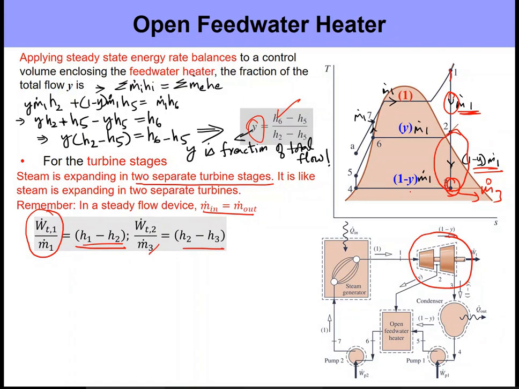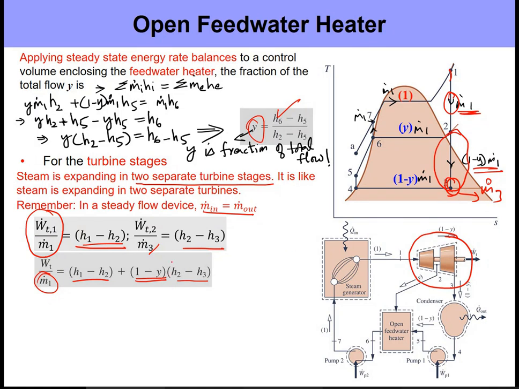Now if you want to find the work output per unit mass, taking the mass flow rate at state 1, which is the mass flow rate that enters the turbine, you can write it as h1 minus h2 plus 1 minus y times h2 minus h3. All the mass flow goes from 1 to 2, but from 2 to 3, a 1 minus y fraction of m dot 1 expands.